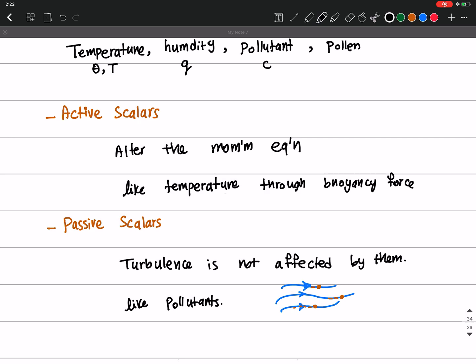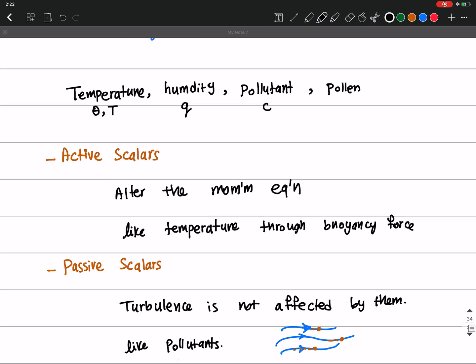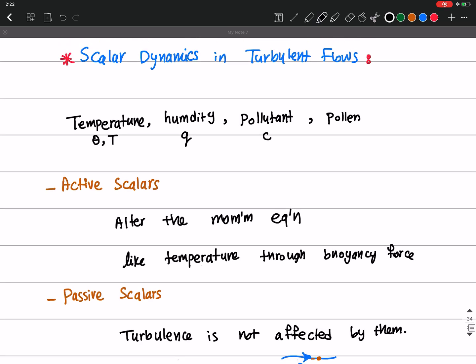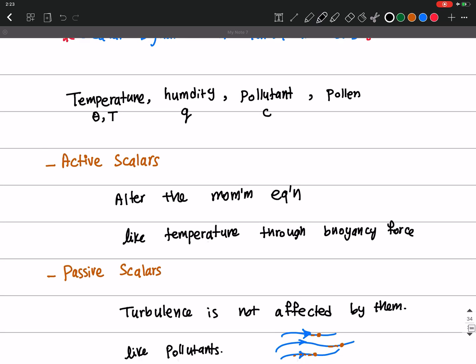So there is this distinction between active and passive scalars, and that's how we classify them. And as you can imagine, the equations for active scalars are more complex than for passive scalars, because they impact the wind flow, and we also have a feedback in the wind and the turbulence because of these active scalars. But the governing equations for passive scalars are simple.